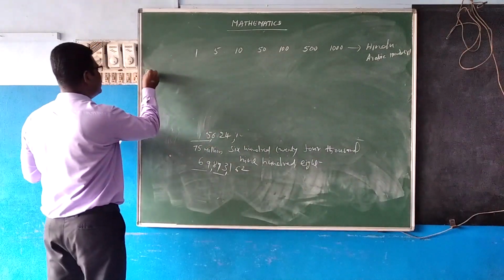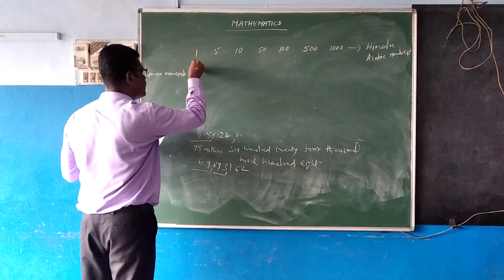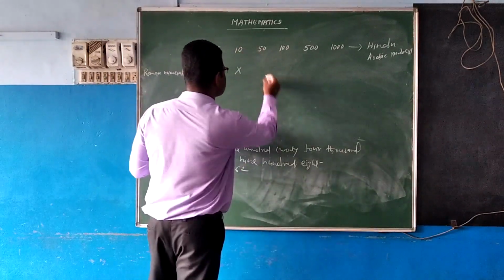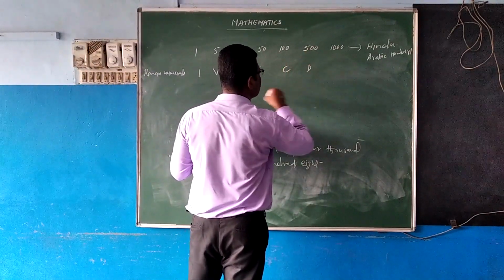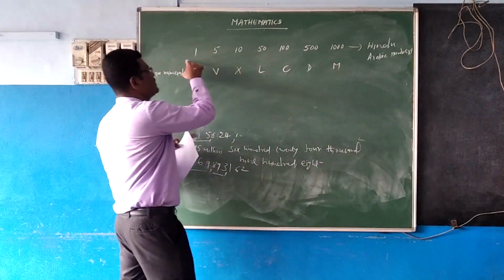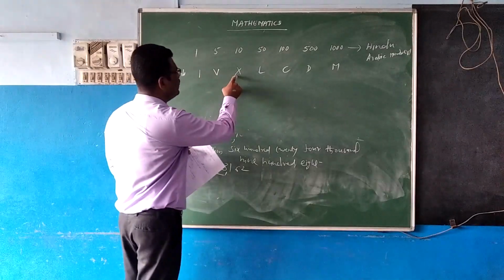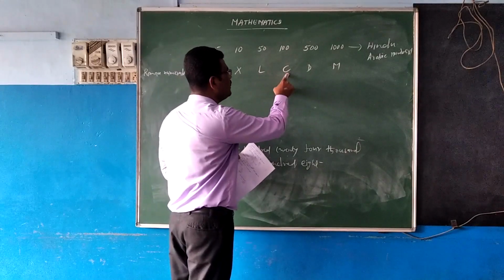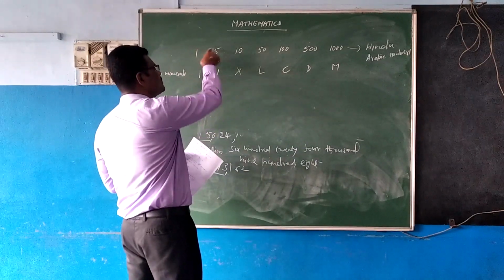So in Roman numbers, how to write one? Roman numbers are Roman numerals. 1 as I, 5 as V, 10 as X, 50 as L, 100 as C, 500 as D, 1000 as M. This is Roman numerals, and this is Hindu-Arabic numbers. 1 is I, this is 5, this is X for 10. You obviously know these: first class, 5th class, 10th class.